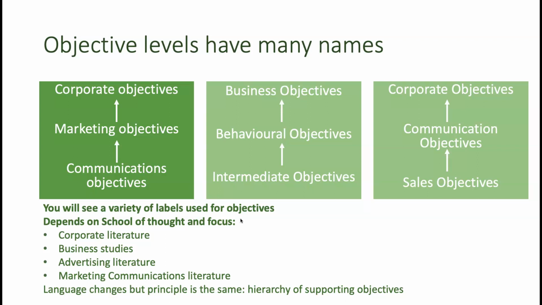But the one thing that they all have in common is that they are all discussing and illustrating and reiterating how important it is to have a hierarchy of supporting objectives. So smaller objectives that help support, so achieving small objectives helps support achieving the main objective. So a kind of a hierarchy moving up.